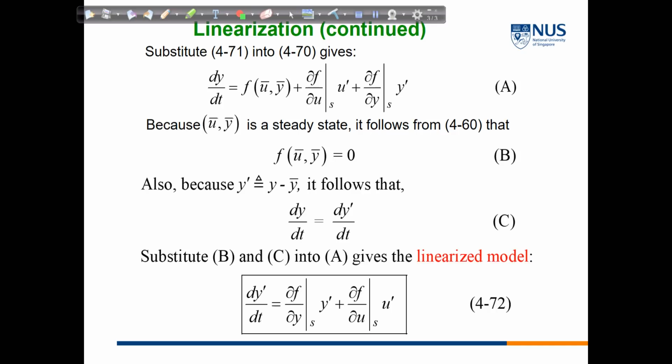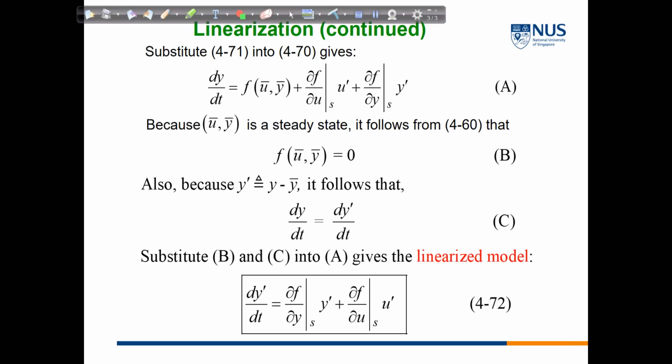And also because this deviation term is defined as y minus y bar, the dynamics follow the same pattern. dy/dt equals dy prime/dt because y bar itself is a constant. So these two deviation derivative terms are the same.